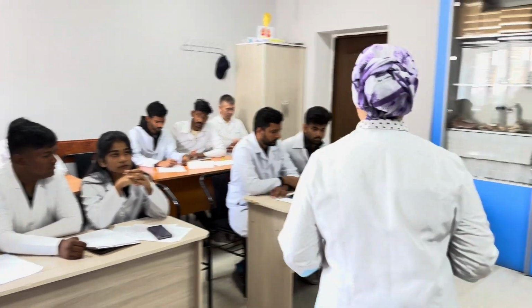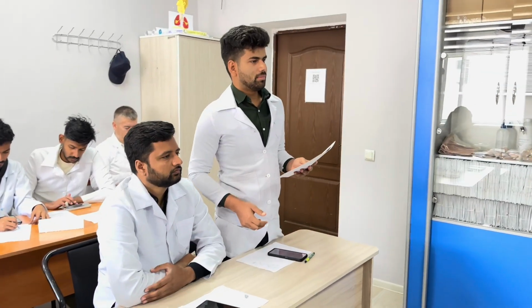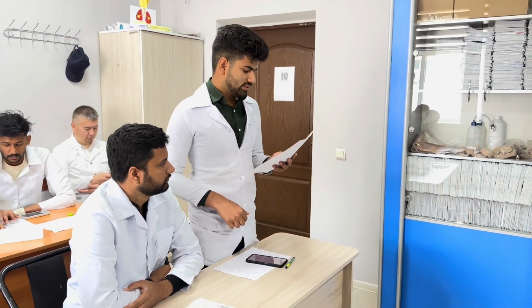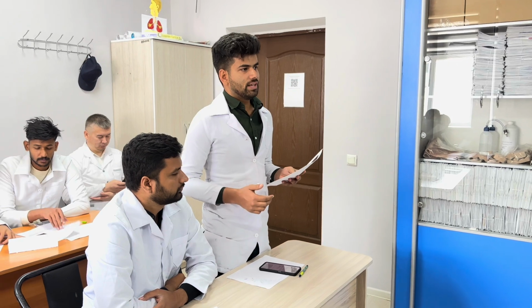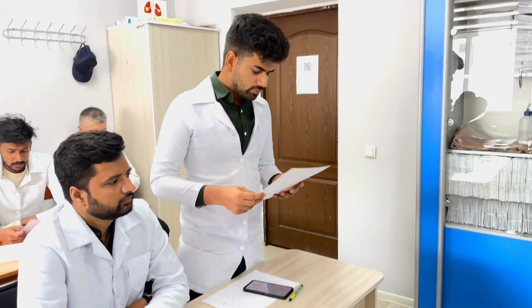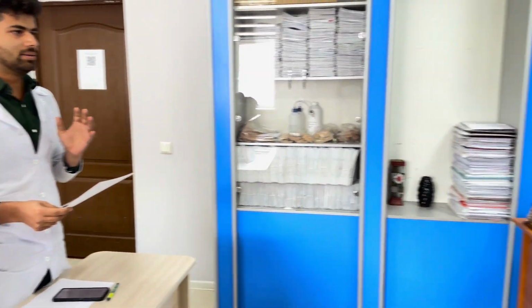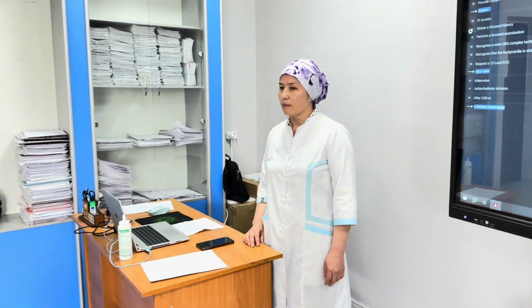Now please, second group. Ma'am, after seeing this ECG, we conclude that it is an ECG of myocardial infarction. We can see here the depression of the ST segment, and it is an ST depression of below 1 mm.